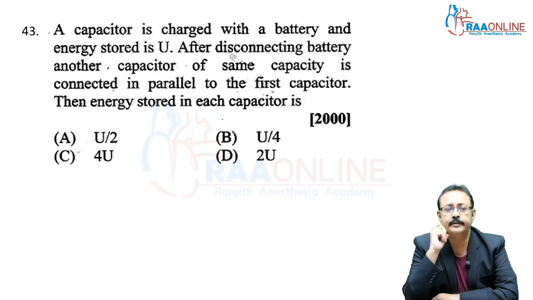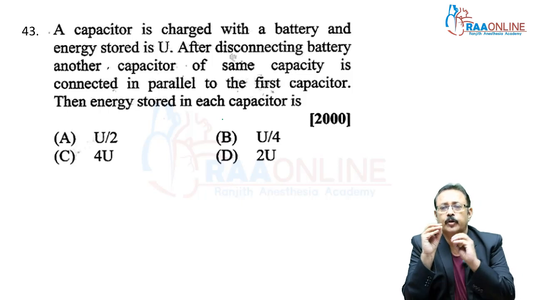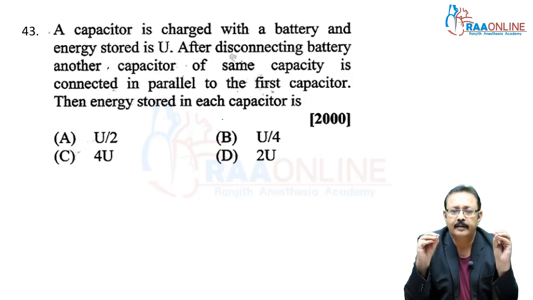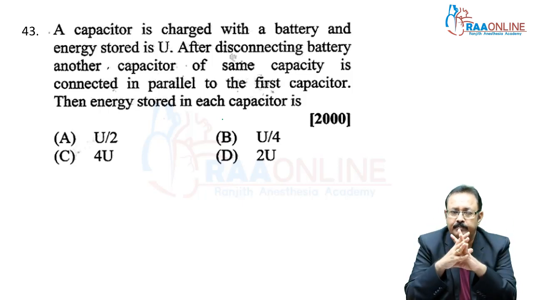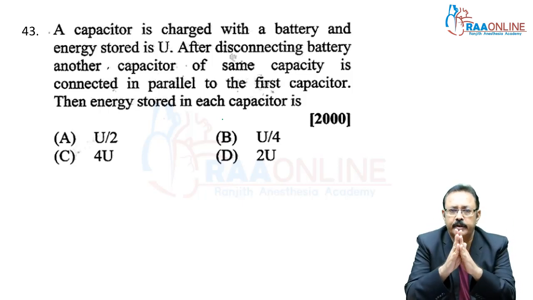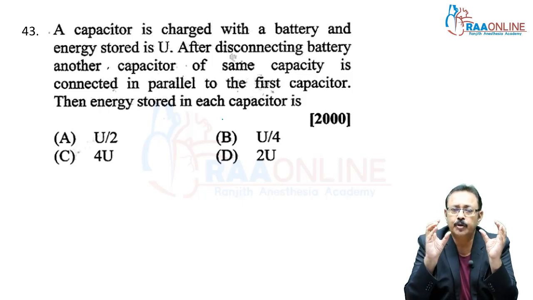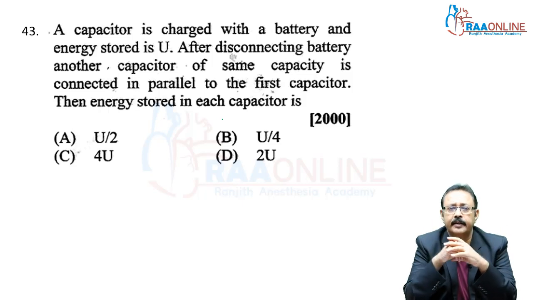What did you do? You disconnected the battery. So the total charge is constant, if initially Q charge was there. So what energy was there? U. You can calculate U by Q square by 2C.